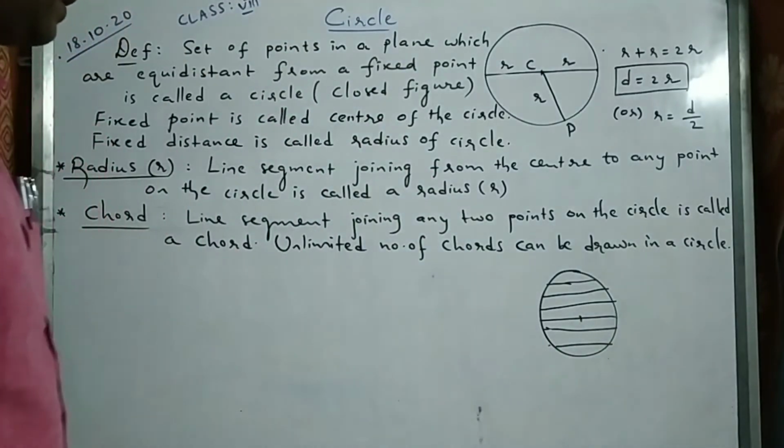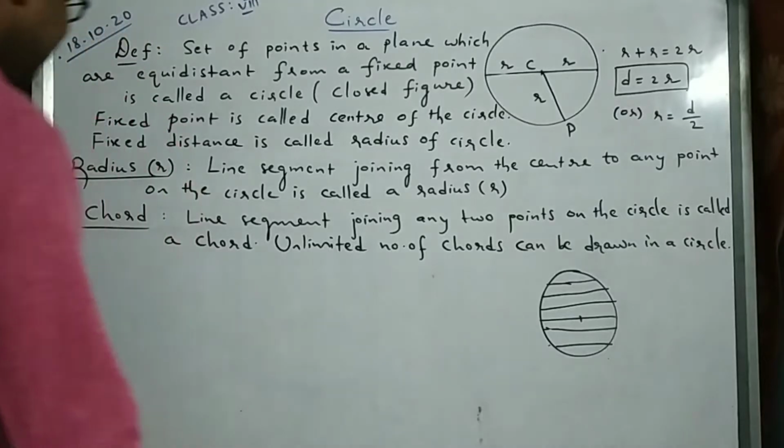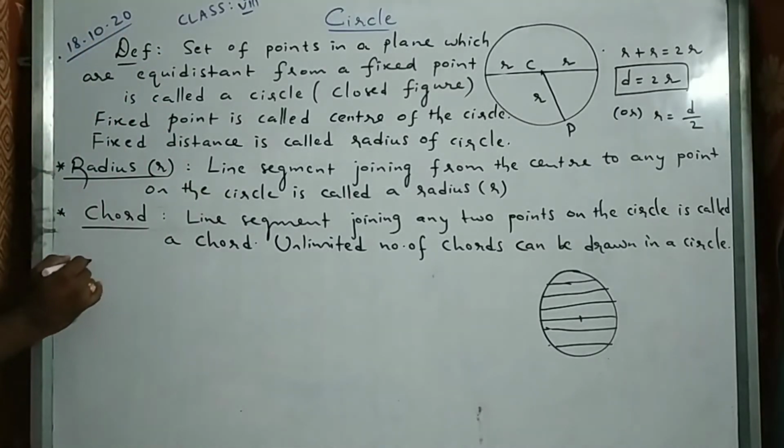But chords can pass through the center of the circle, that is called diameter.